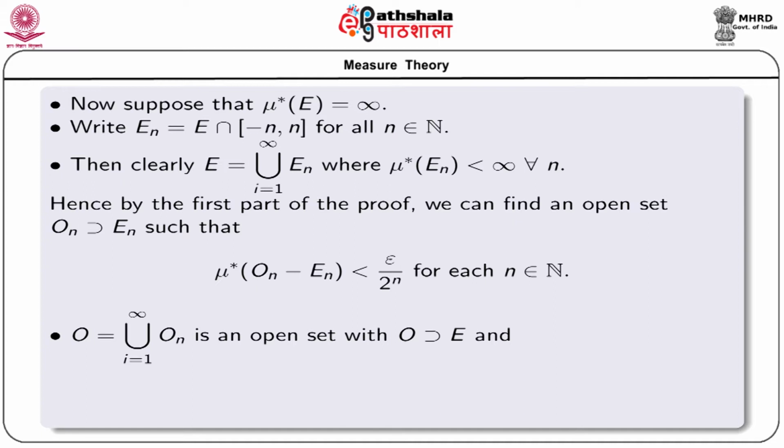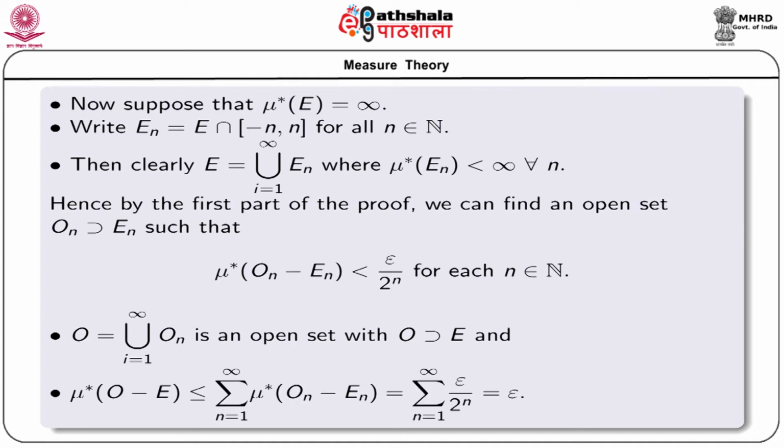Now, take the union of all these open sets O_n and name it O. Then O is an open set because a union of open sets is open, and obviously O contains E, and mu star of O minus E is less than or equal to the sum from n equals 1 to infinity of mu star of O_n minus E_n, and this is again less than or equal to the sum from n equals 1 to infinity of epsilon by 2 to the power n, and the sum of this series is epsilon.